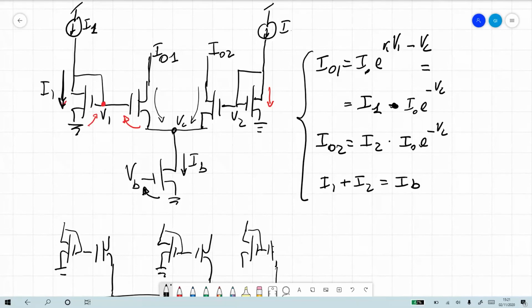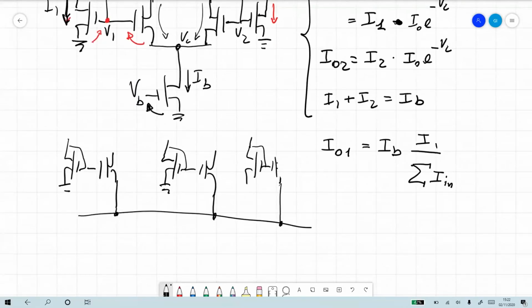Sorry, it was a big mistake, but now I hope it's clear. In the end, you get the same solution. I01 is equal to IB times I1 divided by the sum of the inputs. In this case, it's I1 plus I2, but if you extend it to multiple inputs, say 10 inputs, this applies for I01, I02, I03.